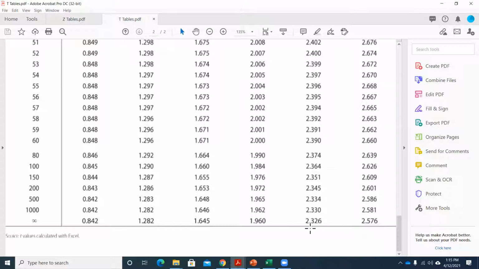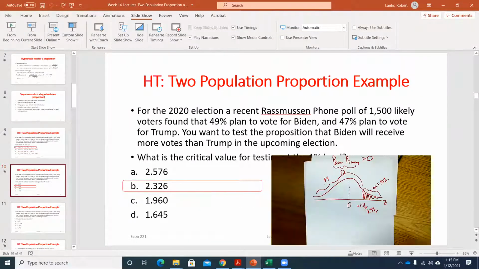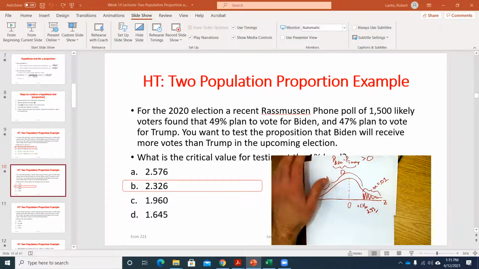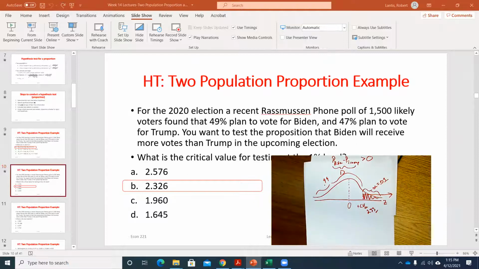So this is a little bit more precise, right? So multiple ways of doing the same thing here, but we get this critical value of 2.326, or 2.33 to the second decimal. So here's my rejection region, okay? Any questions on that before we keep moving?